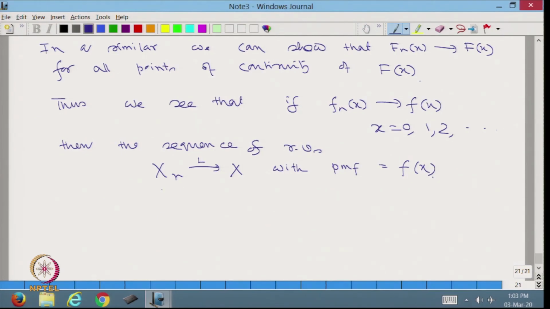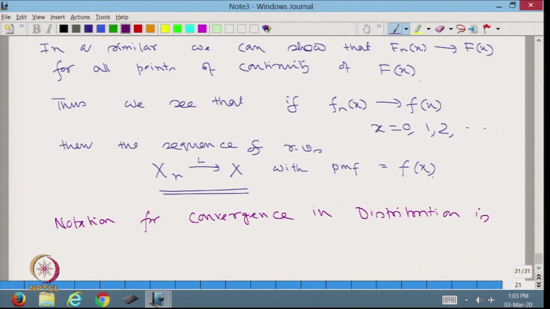So, I want you to remember this notation. The notation for convergence in distribution is X_n converges in law to X, where we are using the symbol L to denote that it is a convergence in distribution.